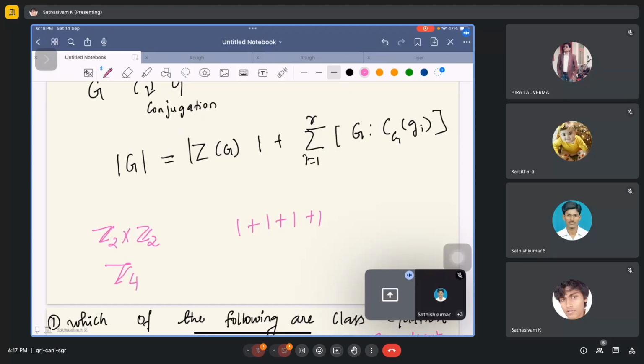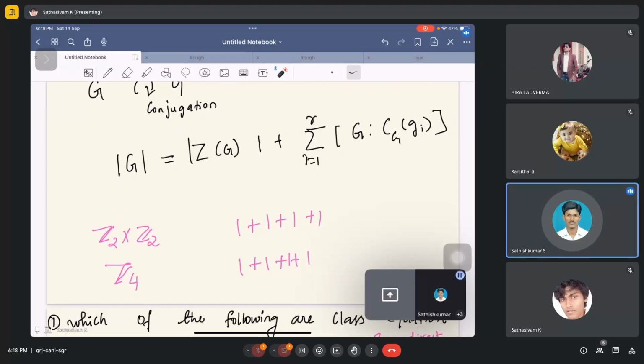What is the class equation of this? 1 plus 1 plus 1 plus 1. So you have both, right? So basically, we cannot distinguish cyclic or abelian. What we can prove is that it is abelian. If your class equation looks like this, then it is abelian. You can prove it.